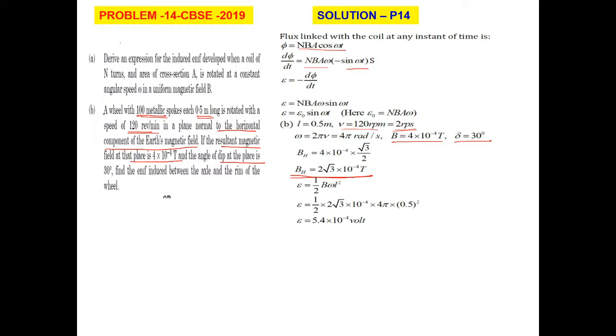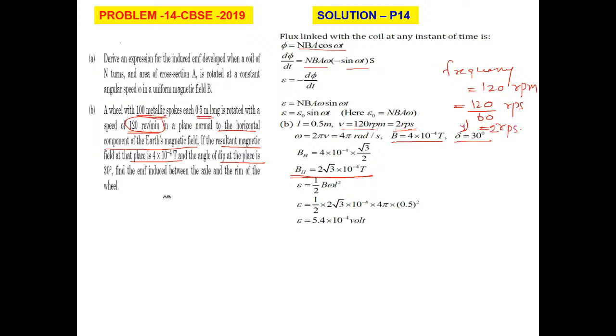Here it is written as 120 revolutions per minute, the number of rotations per minute, that is the frequency. Frequency equals 120 rotations per minute, that is 120 by 60 rotations per second, equals 2 rotations per second.